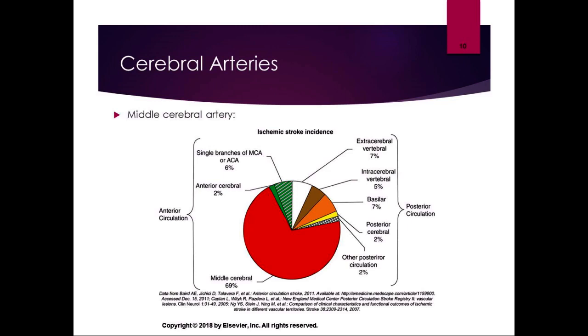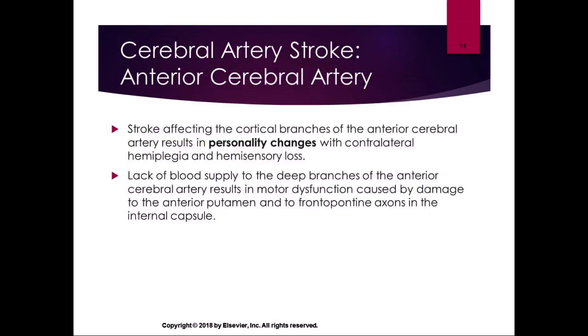So the symptoms that we sort of think of as classic stroke symptoms, those are MCA stroke symptoms. Okay, so we'll talk about them. And then all the others are smaller percentages. So we just talked about the vertebrobasilar, 7%. Posterior cerebral, 2%. So really small percentages on those, but a whopping 69% on those MCA strokes.